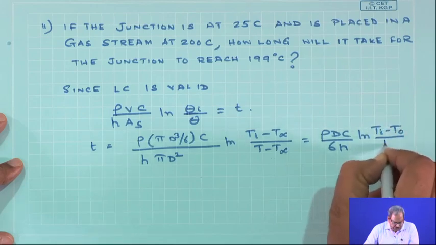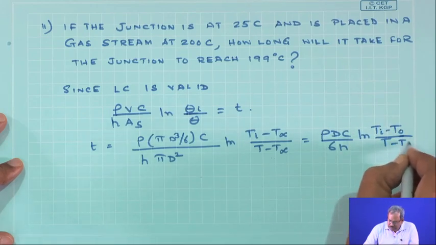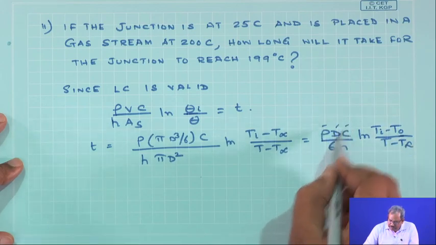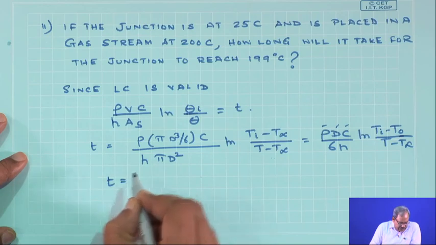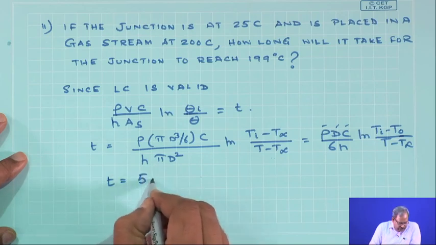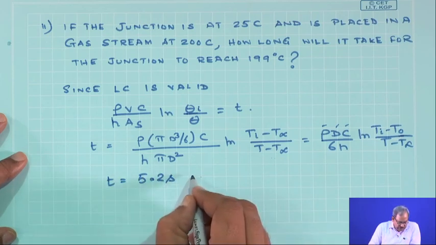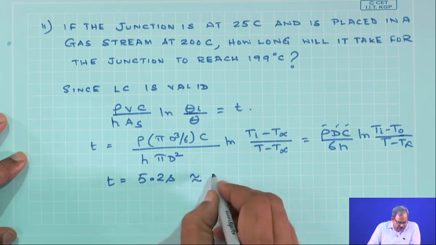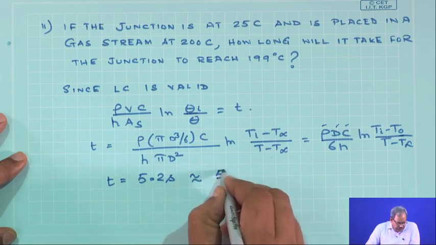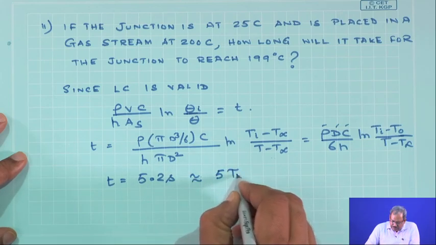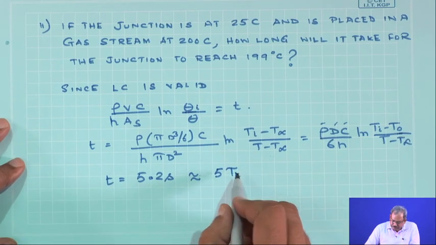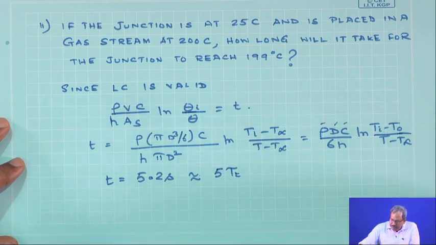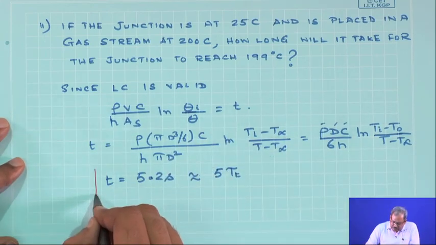Once you put the values of rho, d, c, h, T, I, etc., the time you are going to get is 5.2 seconds, which is approximately equal to, if you see the expression of the thermal constant, roughly about 5 times the thermal constant of the system.